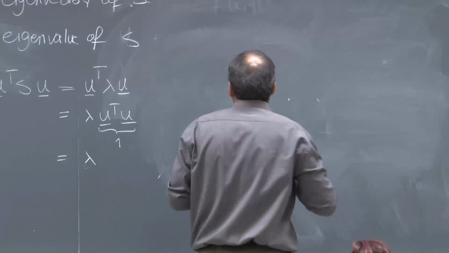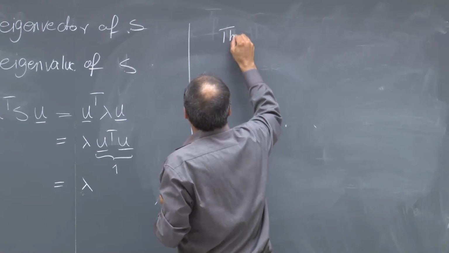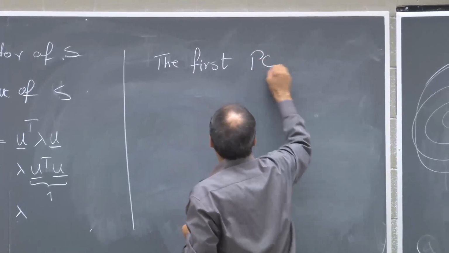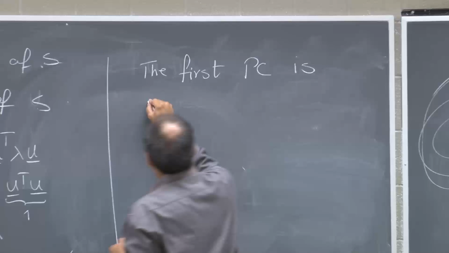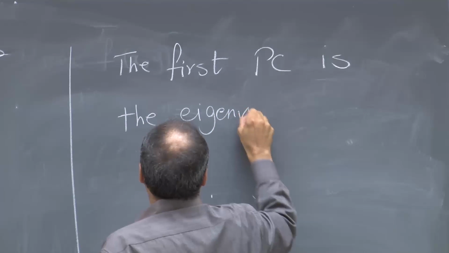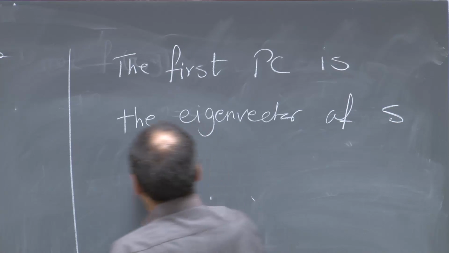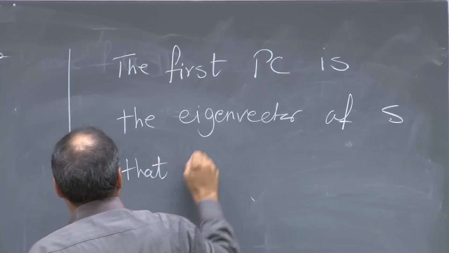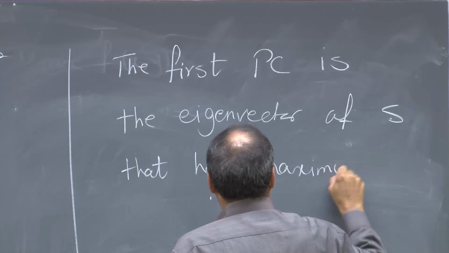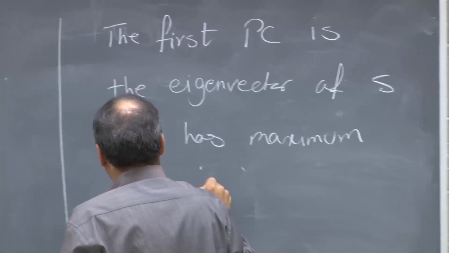So the solution is: the first principal component is the eigenvector of S that has maximum eigenvalue.